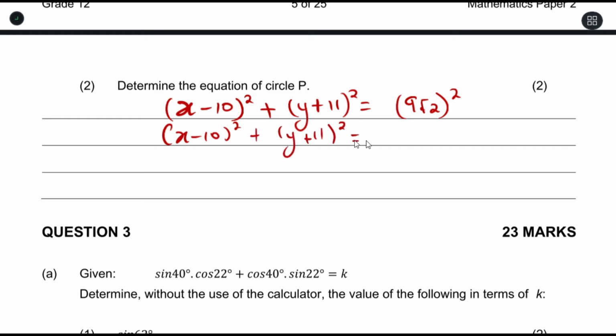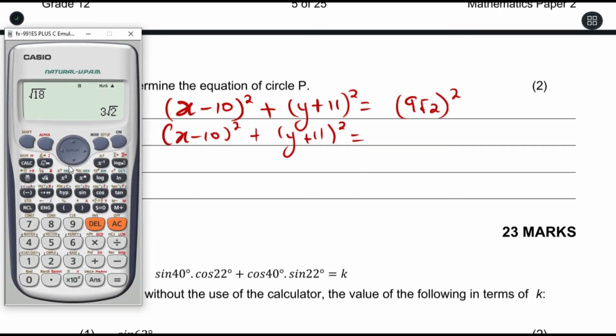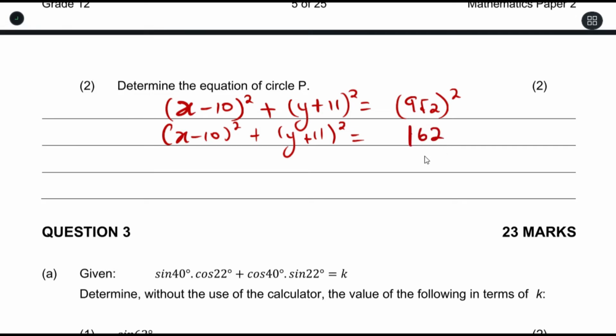However, this would give you 9√2 squared, which is 162. There you go, 162. And that there will be the equation of your circle P. That's it.